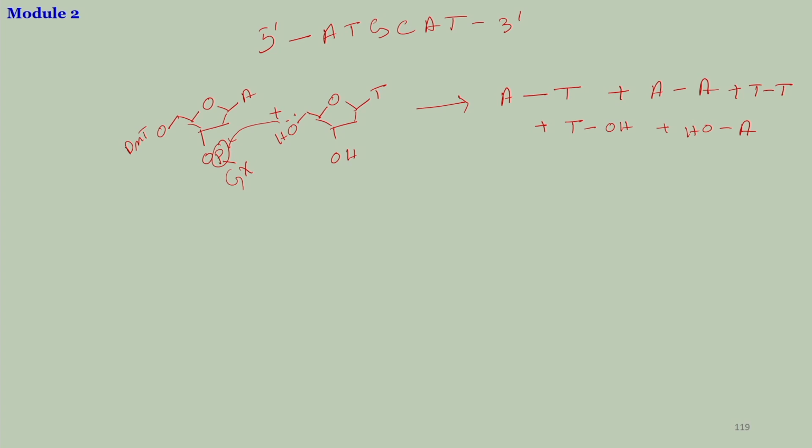So, after the very first step, what do you get? You get 1, 2, 3, 4, 5 components in your solution. Out of these, only this one you desire.